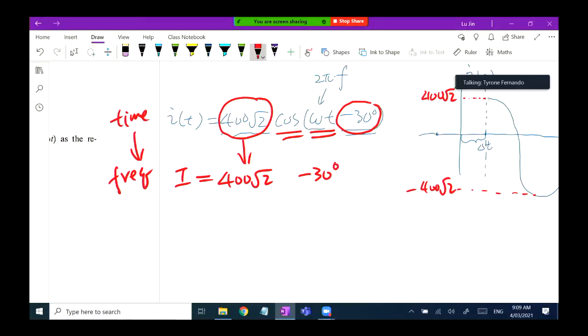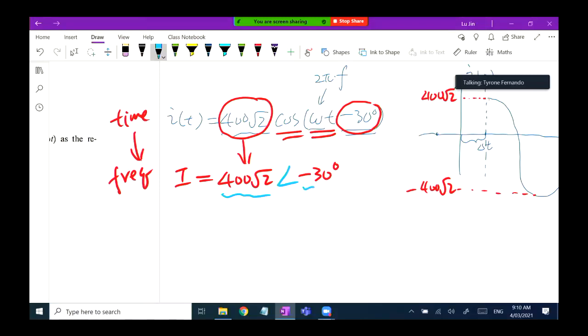So after you convert a cosine function from the time domain to the phasor form in the frequency domain, you just need two factors: one, amplitude; two, phase angle. Between these two numbers in the phasor form, we normally use a small symbol that looks like an angle to separate them. The term before this angle symbol is the amplitude, but in the phasor we call it the magnitude. The 400 by square root 2 here is the magnitude.